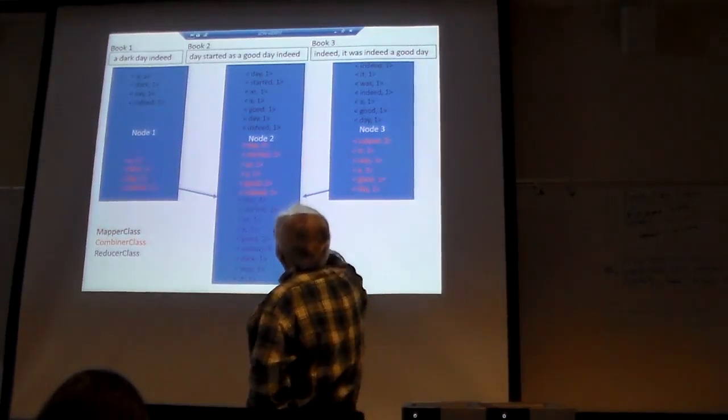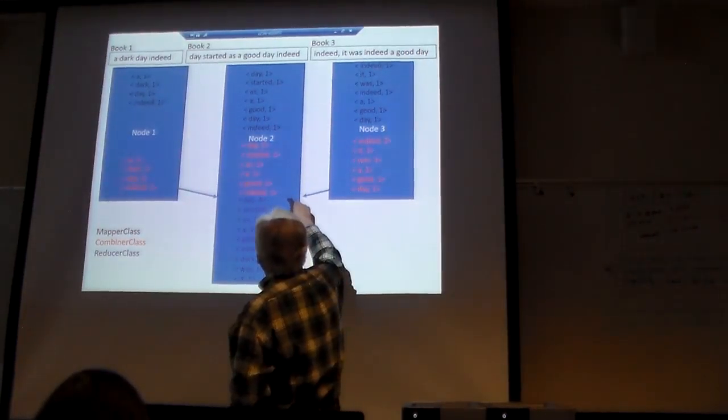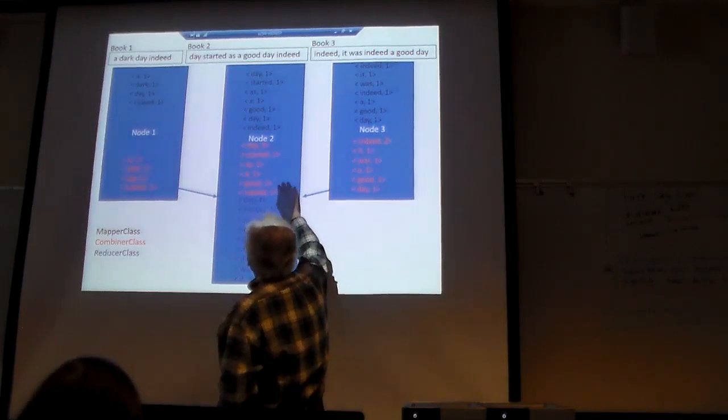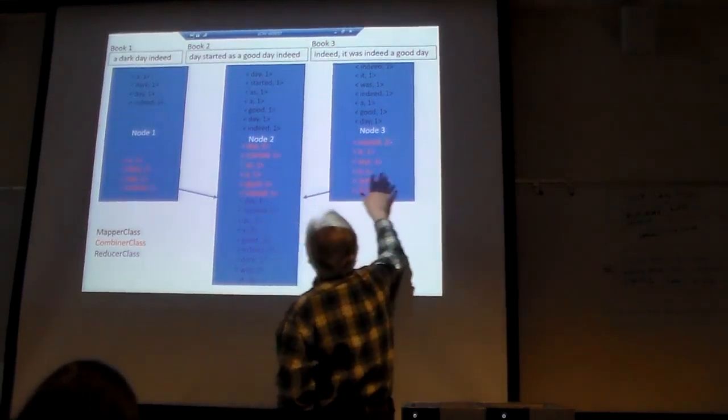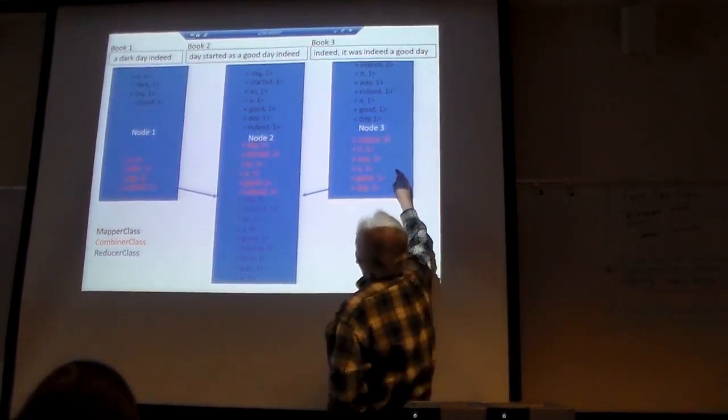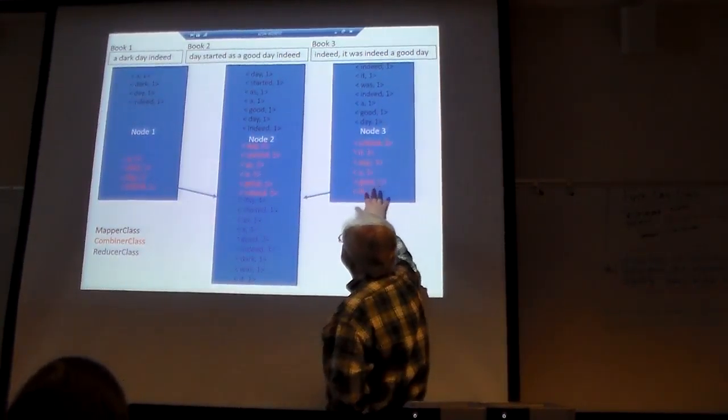Okay. And then I guess that's the only example I have. And then the other one has a sentence, and it found indeed twice, and that's all. Okay, so that's the end.